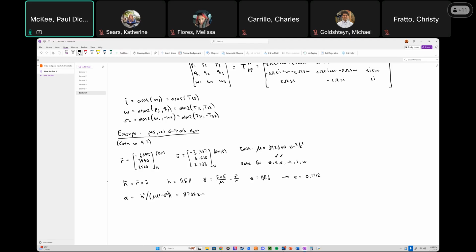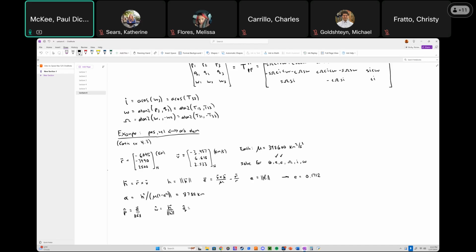Let's keep moving. Next, P basis vector is the E vector normalized. So we just want the direction, not the magnitude. W is the specific angular momentum vector normalized. So we just want the direction, not the magnitude.